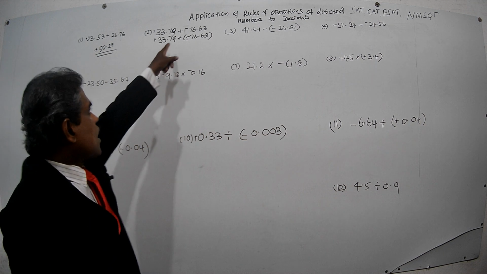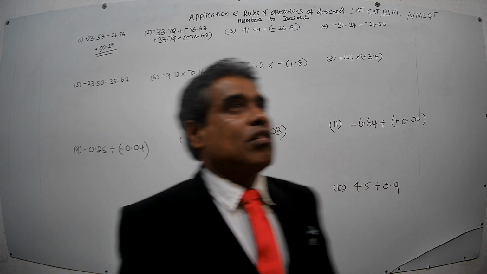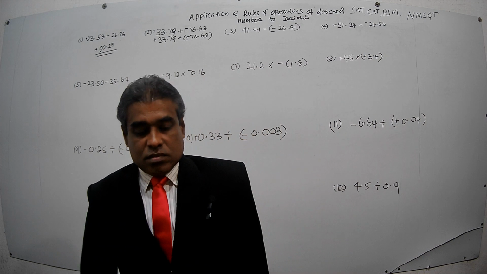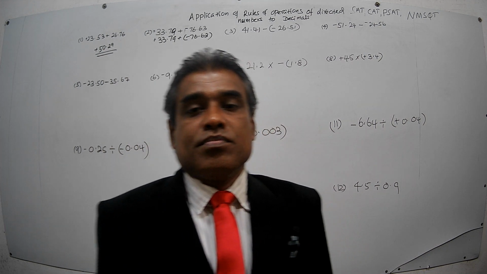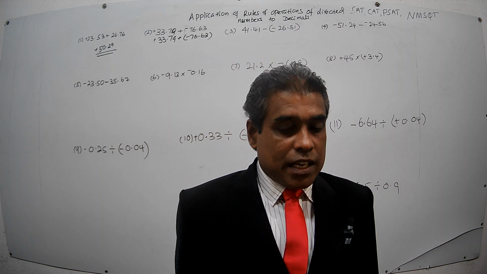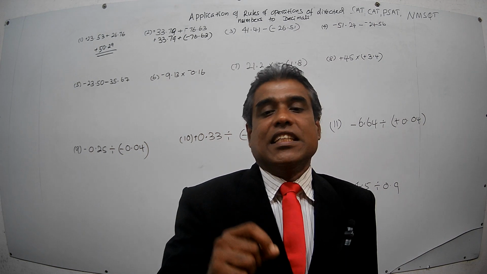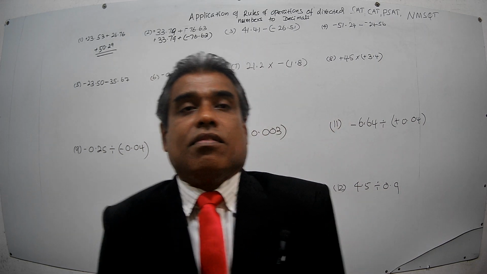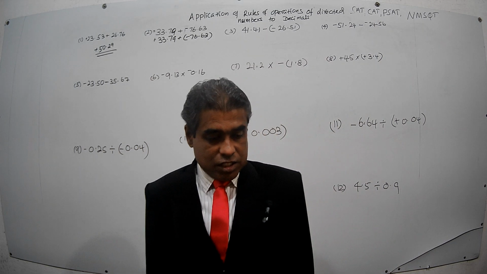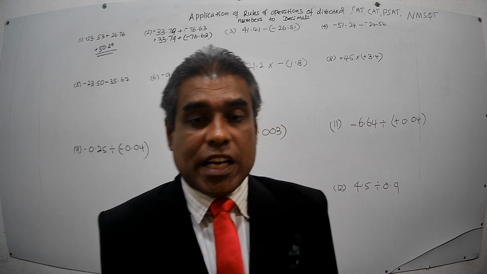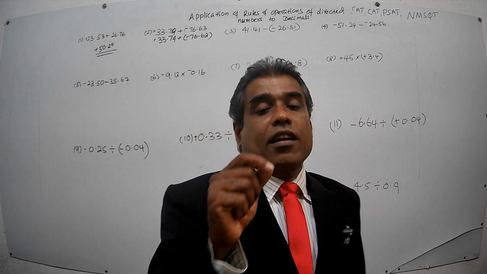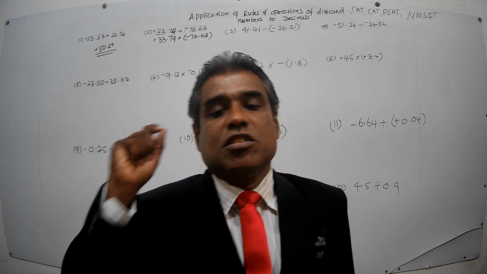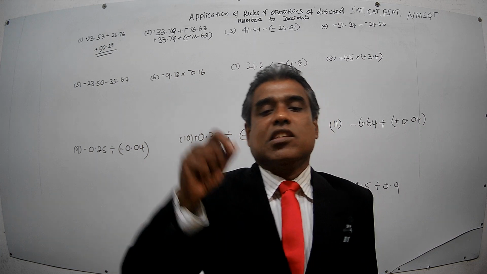Now you remove this. Now we have learned in our video on the rules of multiplication of directed numbers, we learn rules of multiplying signs: plus into plus equals plus, minus into minus equals plus, then plus into minus equals minus.